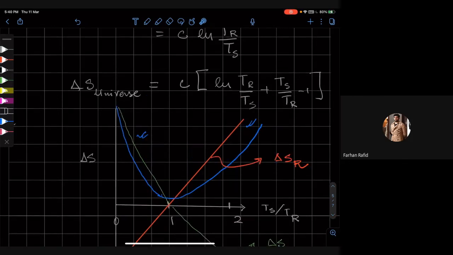This is at Ts over Tr equal to 1, so this 1 will cancel this 1, so this is 0, right? And log of 1 is 0, of course, independent of the other terms. So yeah, you're right. This should actually touch the 0, but there's no contradiction there.